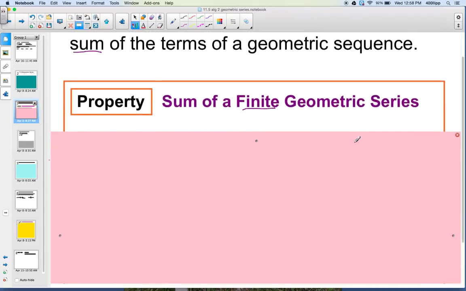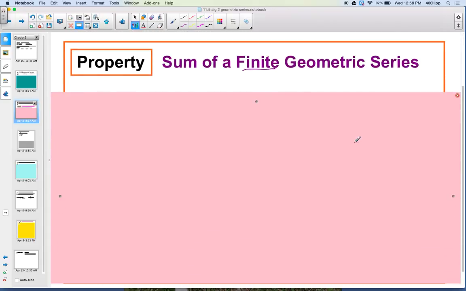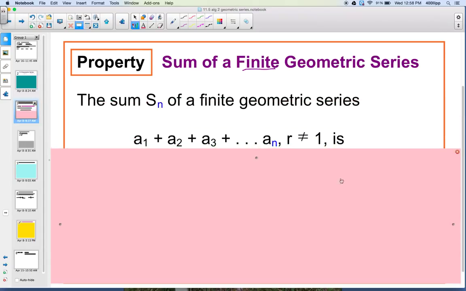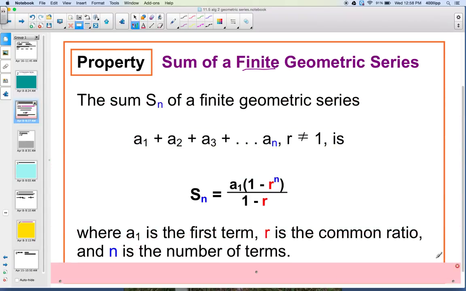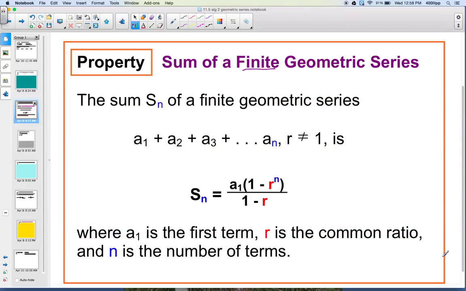So the equation for when we have a finite geometric series is the following. S sub n is simply standing for the sum of however many terms. N is the number of terms. A sub 1 stands for the first term.